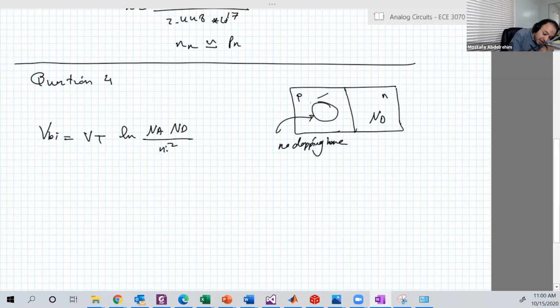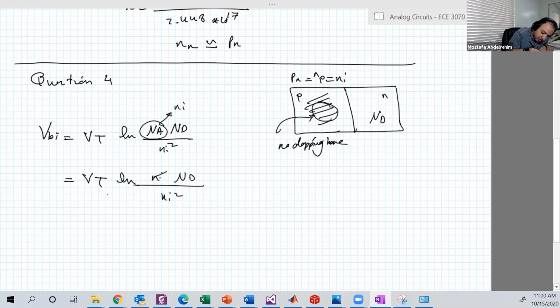That means that the doping here, NP, is equal, of course, to Ni. So that portion will be reduced to Ni. So that will be VT ln of Ni ND over Ni squared. So this will go to the square. So VT ln of ND over Ni.